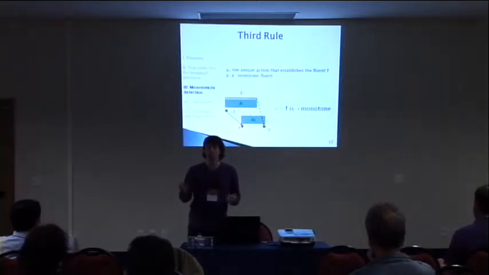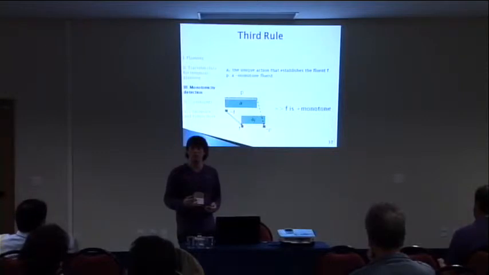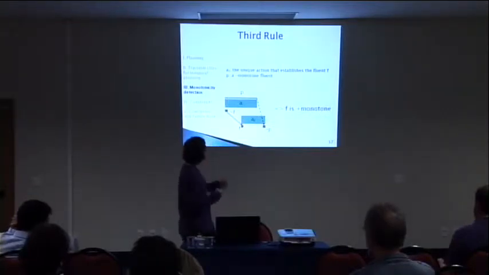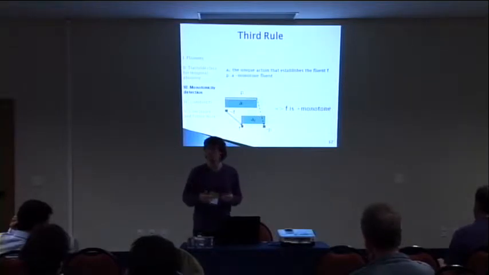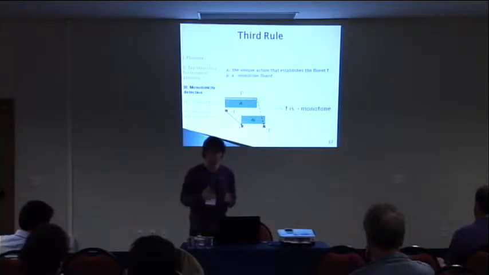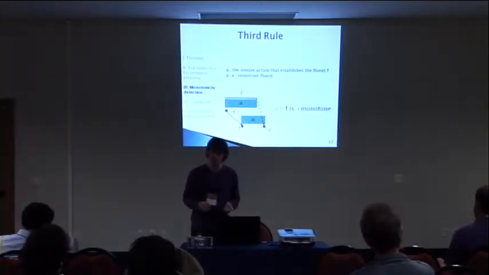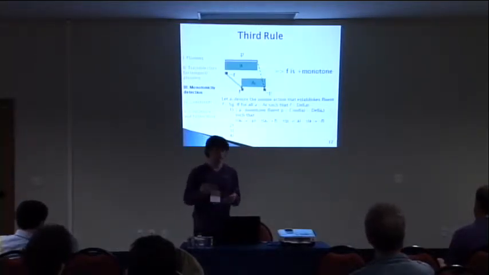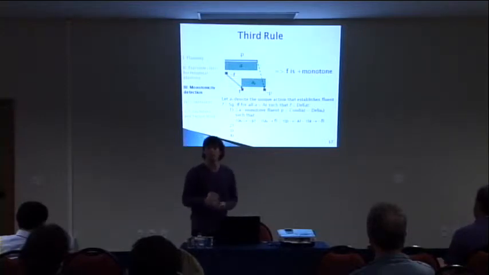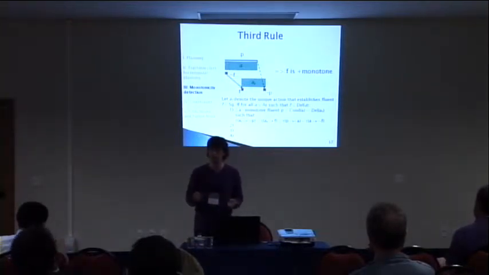But here, with the definition of establisher unique, we don't know if there is another action that can destroy the fluent F. So for the definition of plus monotone, there can be another action that doesn't have P as a condition, and which destroys F. So it's not enough to prove that F is plus monotone. That's why, for all the actions that destroy the fluent F, once again each of these actions must validate one of 4 conditions.